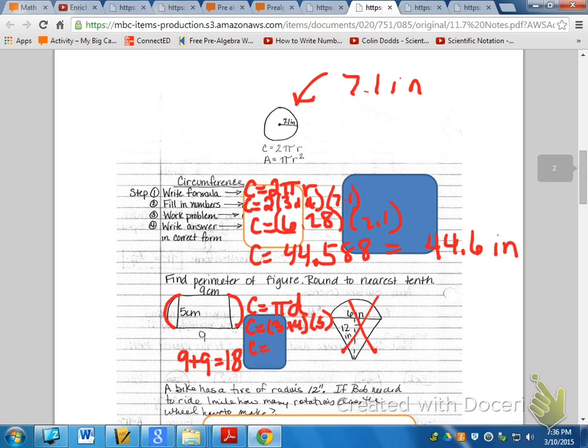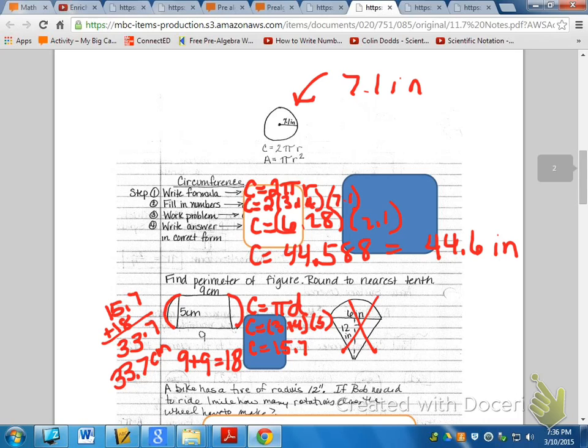If I take 3.14 times 5, I get 15.7. That is around the outside of that circle. Now I need to take 15.7 and add 18 to it. When I add that together, I get 33.7. So the perimeter of this shape is 33.7 centimeters long.